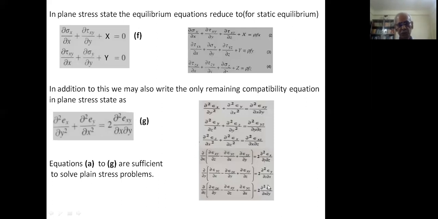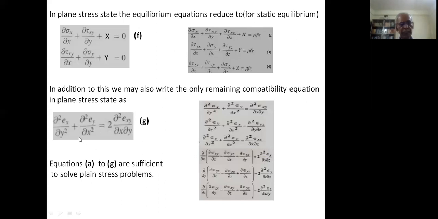Similarly, if you go through the other three equations and apply that epsilon xz, epsilon yz, and variation in the z direction or del by del z is 0, then you will see all these equations are satisfied except the first one.